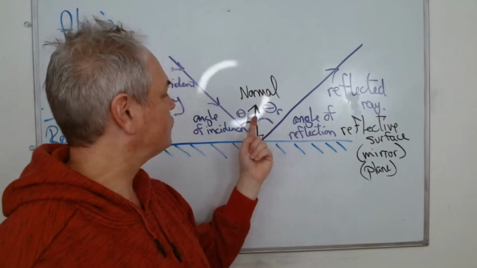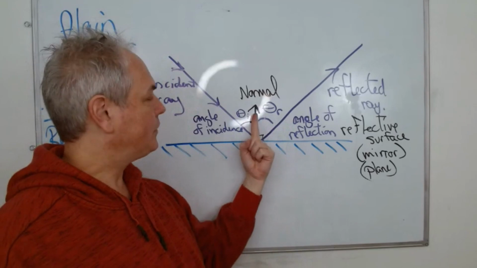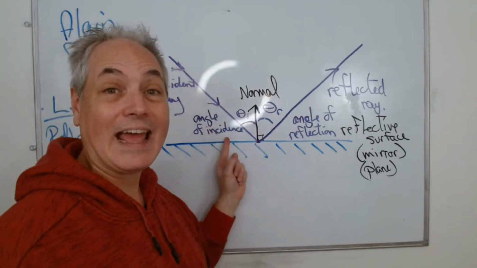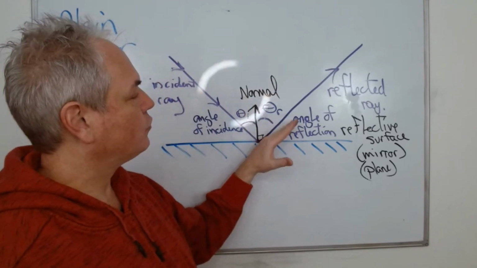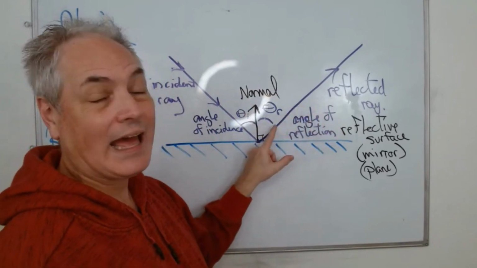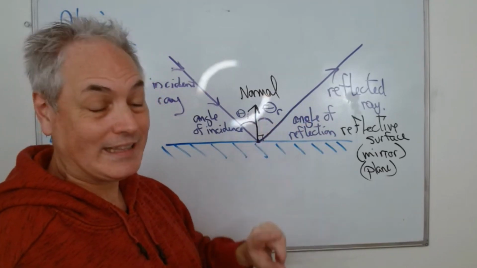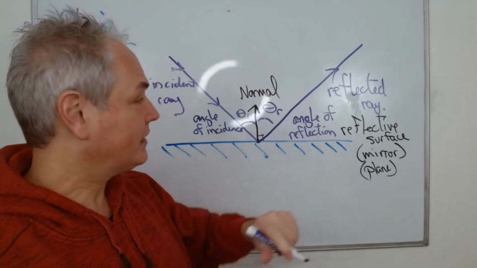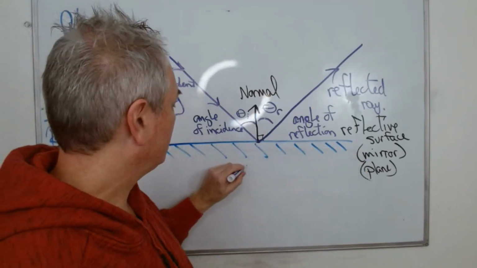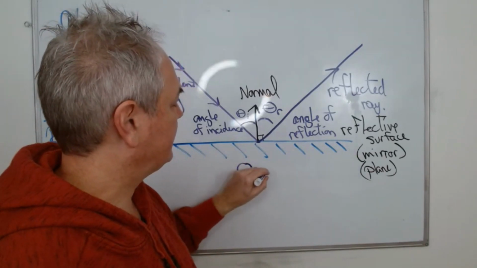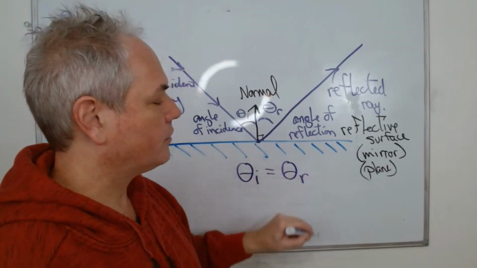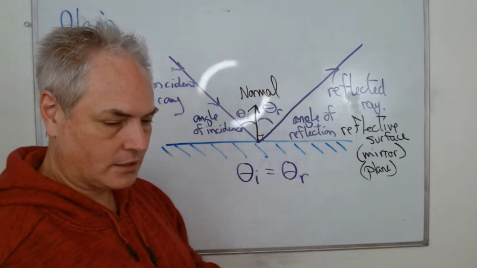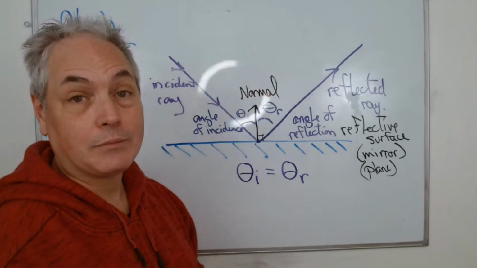That is important because we have an angle between the normal and the incident ray that gives us the angle of incidence, and then the reflected ray will have an angle between the normal and this reflected ray. Interestingly enough, when we have a plane mirror, the angle of incidence equals the angle of reflection.